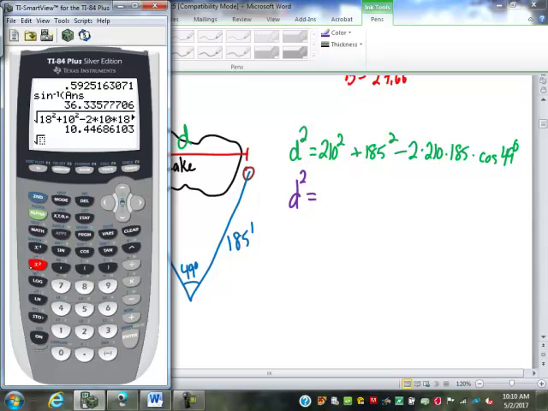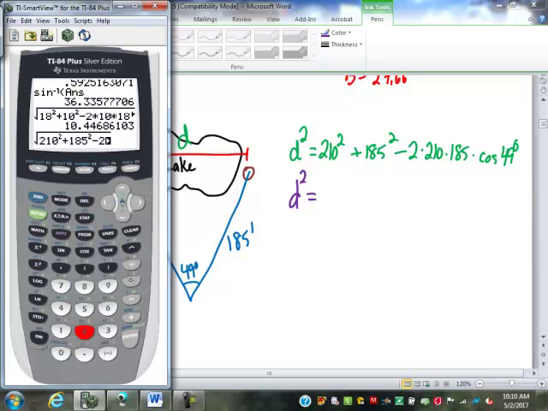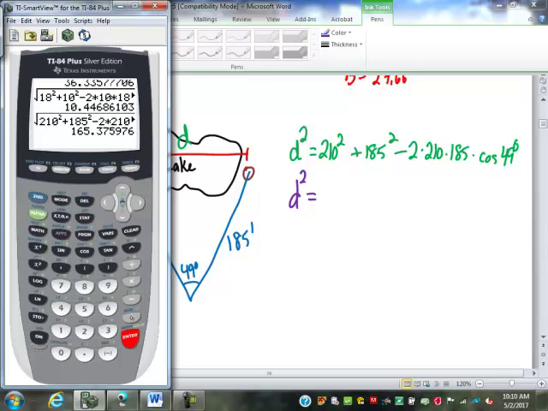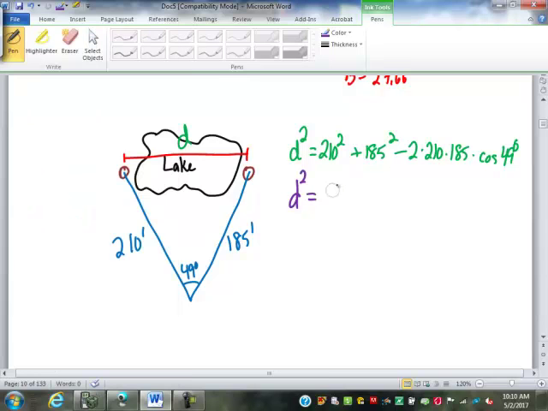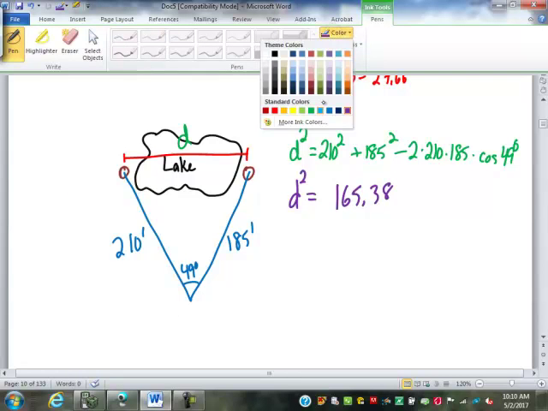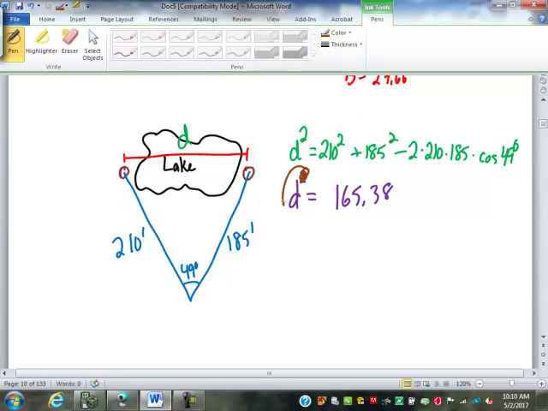So square root of 210 squared plus 185 squared minus 2 times 210 times 185 times the cosine of 49 degrees. Yeah, 165.38. That's actually not squared, that's just D. It's just a pond. But you guys get the picture, right?